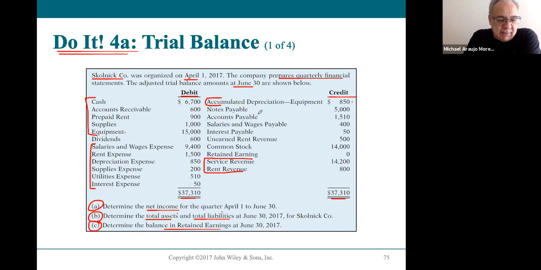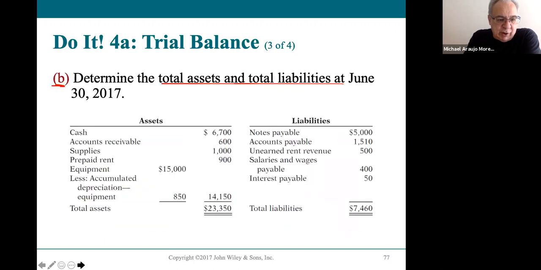Because that's how we get a book value. So we need to know the total assets there. So those are all your assets: cash, receivables, supplies, and prepaid rent. Equipment less accumulated depreciation for equipment will give you the book value of the equipment. You add all your assets up, total assets were 23,350.